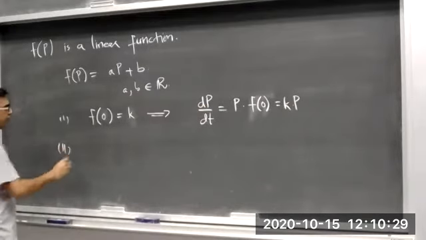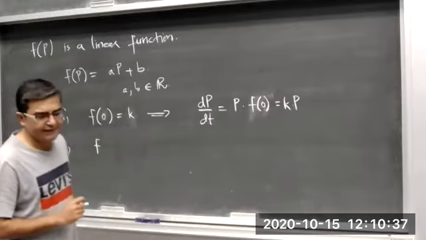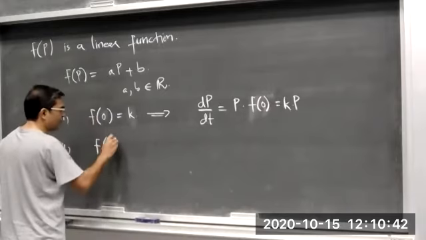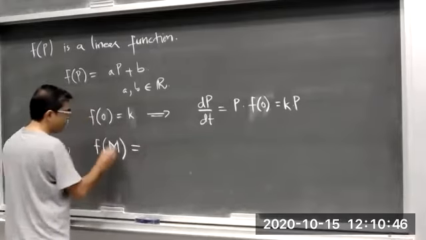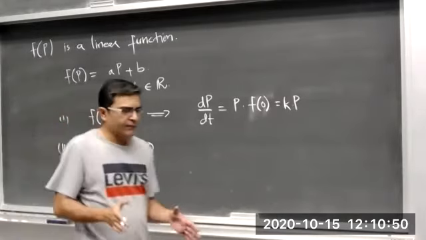Now the second condition we put on this function is that if there is a maximum population, and we call it M, then f of M gives 0. What does it mean?